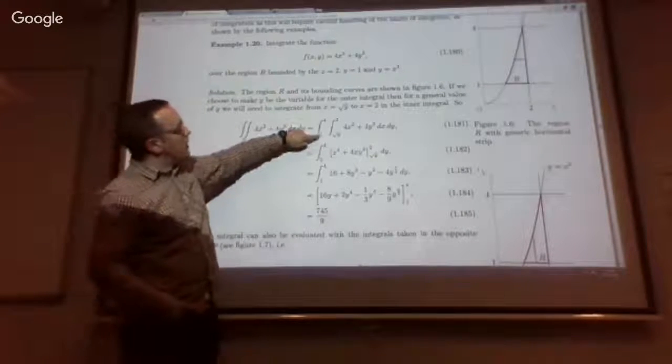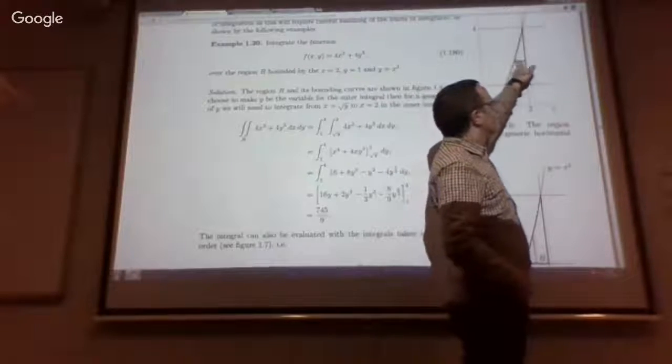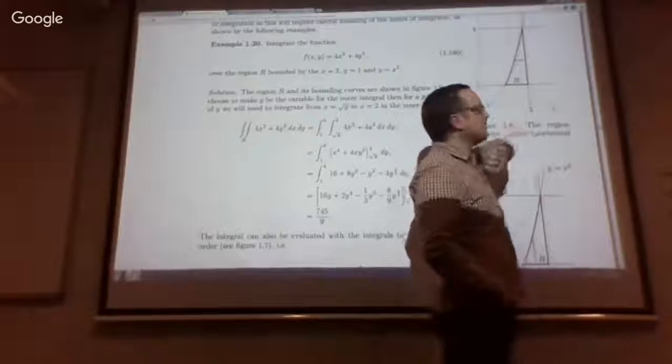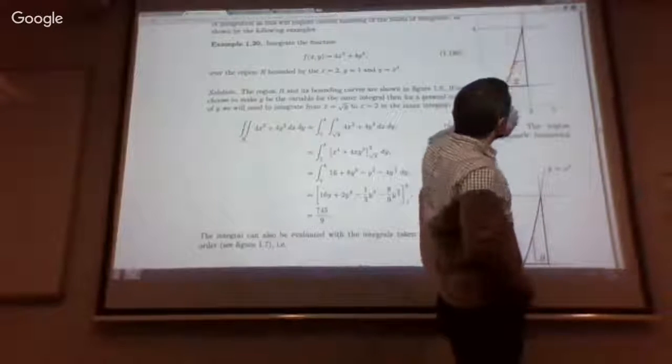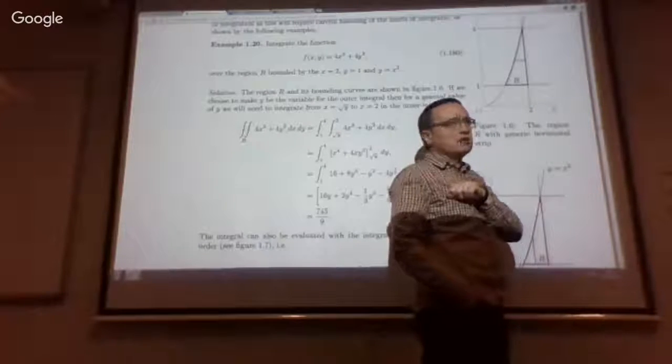So you have to integrate from y equals 1 to 4, and then for a typical y value, represented by this gray line across the region, you have to ask yourself, at this y value, what x values do you have to integrate between?